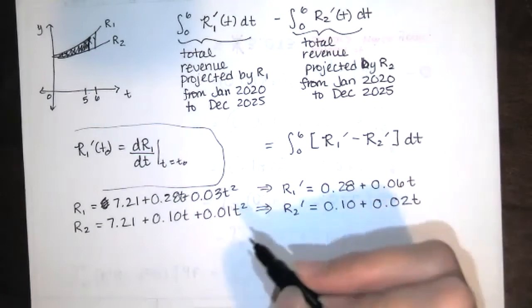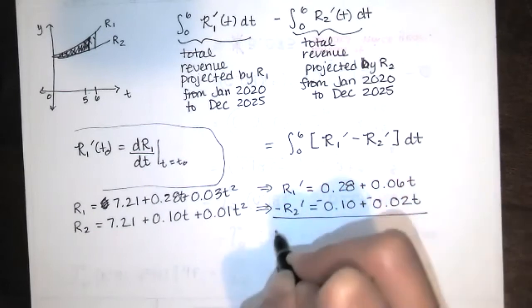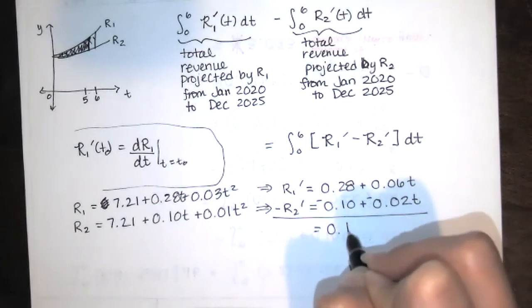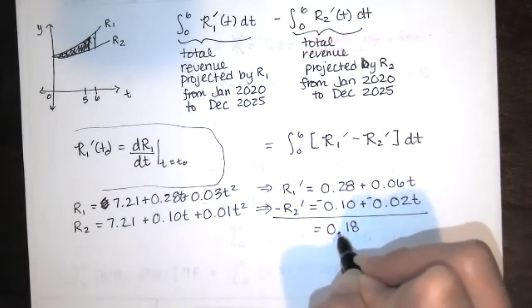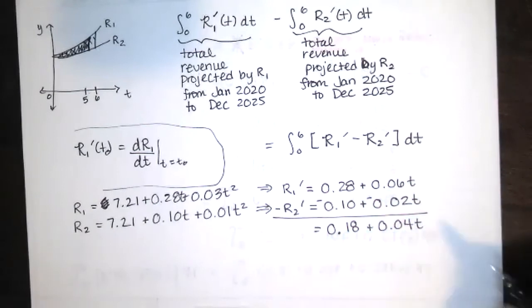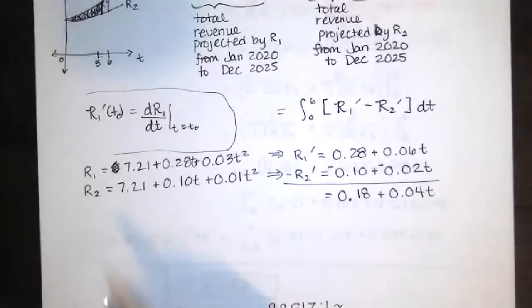And then if we subtract those, we just subtract in the columns here. We get 0.18 plus 0.04 times t. That's our integrand, and that's what we want to integrate from 0 to 6.